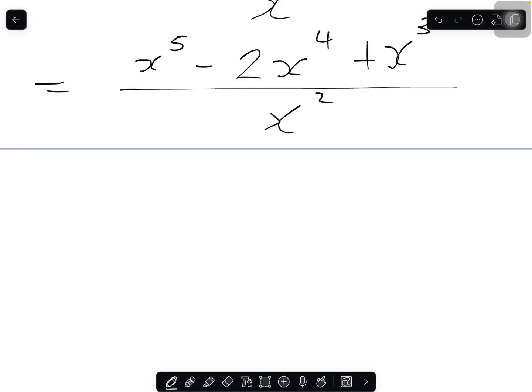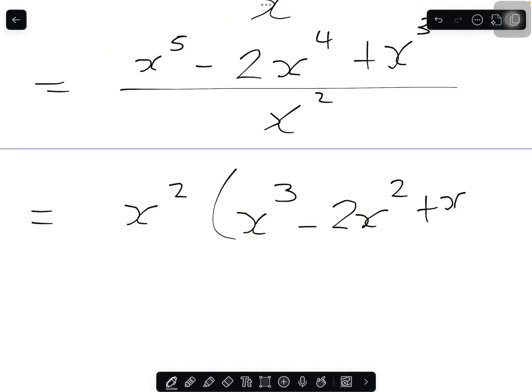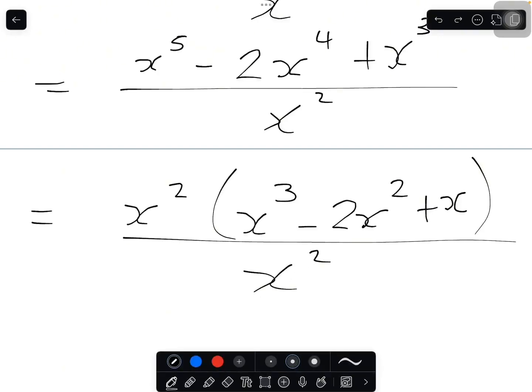And here I'm then going to get a common factor which I can remove, and that common factor is x squared into x to the 3 minus 2x to the 2 plus x over x squared. And I can cancel these out. Let's do our cancelling out in blue.